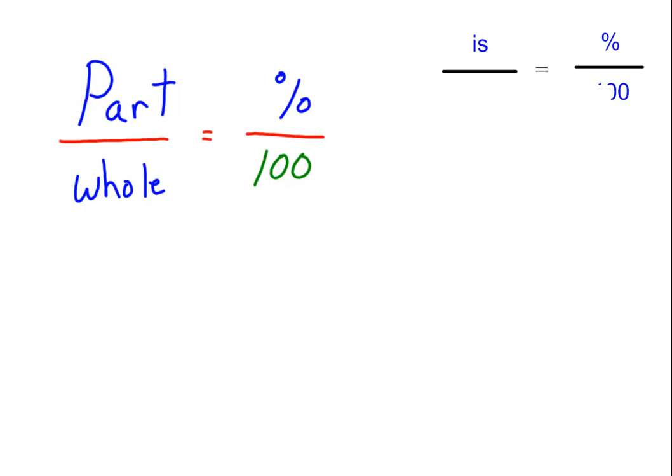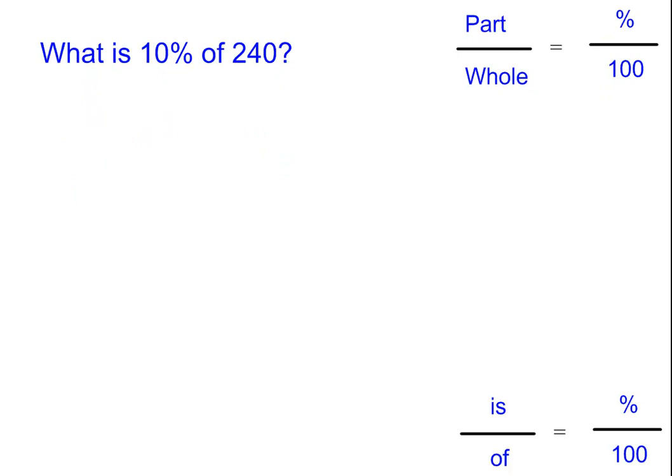Another way of saying that is is over of is equal to percent over 100. So we take the part and replace it with an is, and the whole and replace it with an of. And the reason we're going to look at it both ways is it depends on the problem. Sometimes looking at it as a part and a whole helps, and sometimes looking at it as an is and an of helps. So we're going to look at a problem here and see what we have.